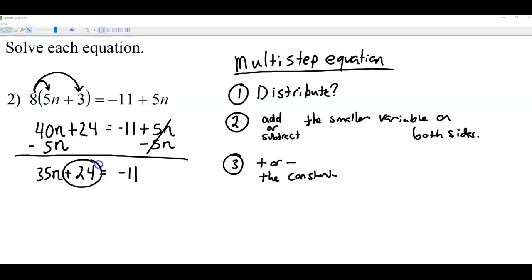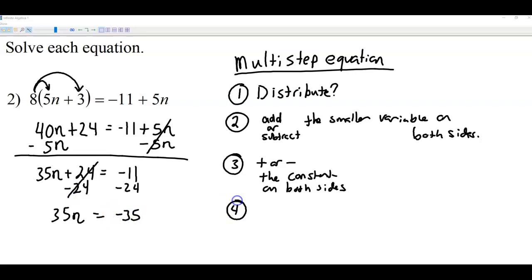And so to get rid of that 24, that constant value there, I'm going to do the opposite of what it says. Since it's a plus 24, I'm going to do minus 24, and you do that on both sides. So I guess I should put on both sides. All right, so we have 35n equals, that's gone now, negative 35.